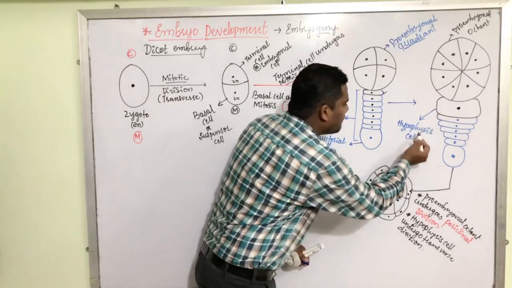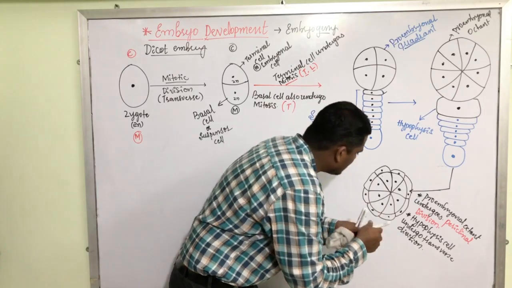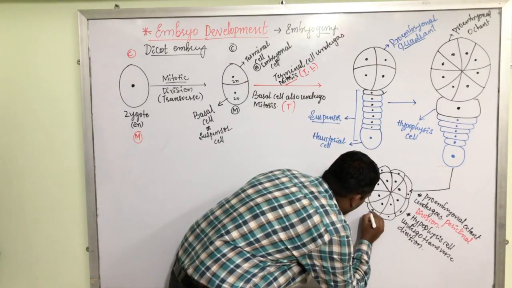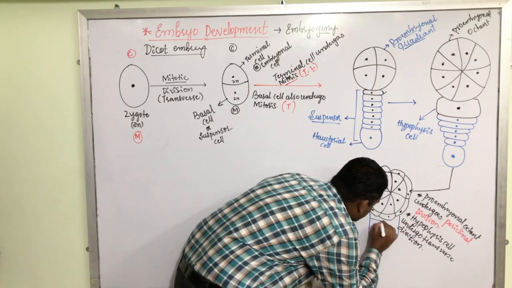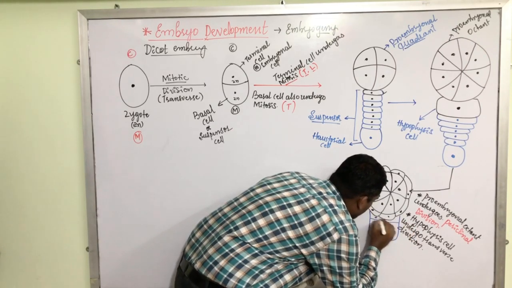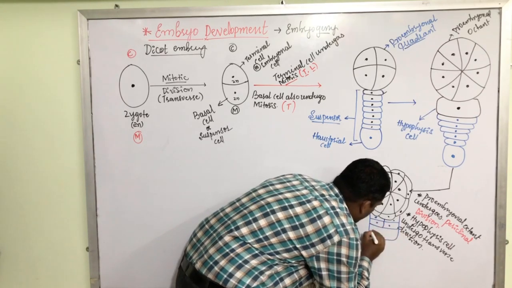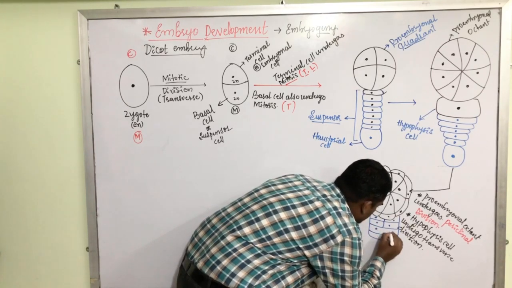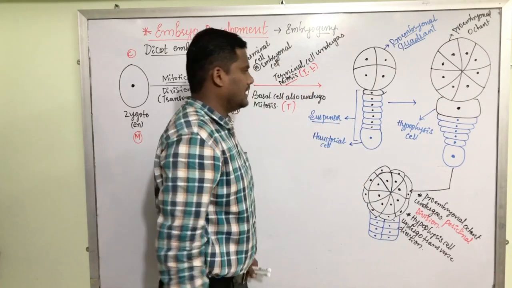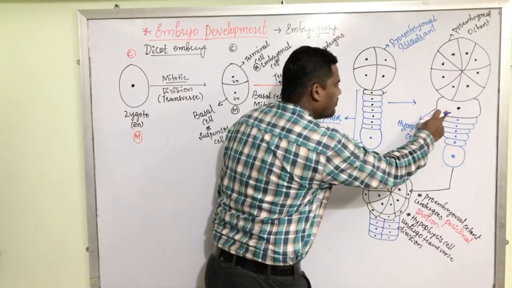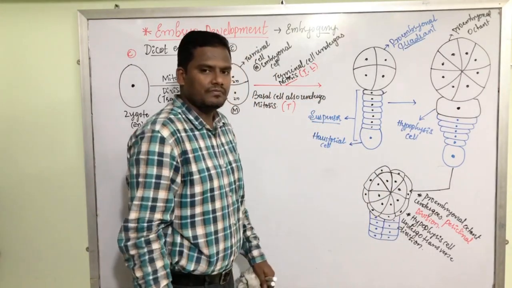Now, this hypophysis divides by mitosis and results in the formation of totally 8 cells. 1, 2, 3, 4, 5, 6, 7 and 8. The hypophysis cell divides transversely, forming the 8 cells.